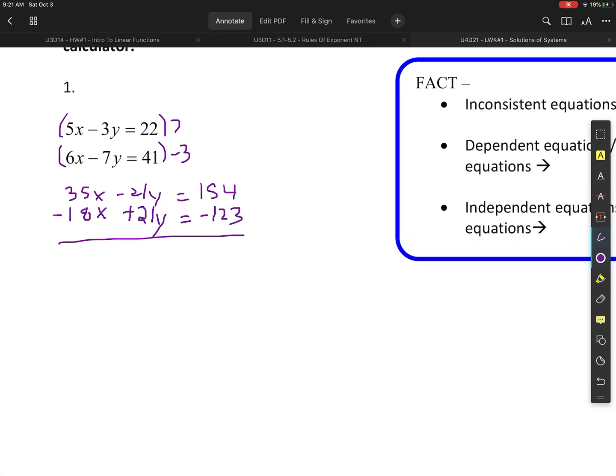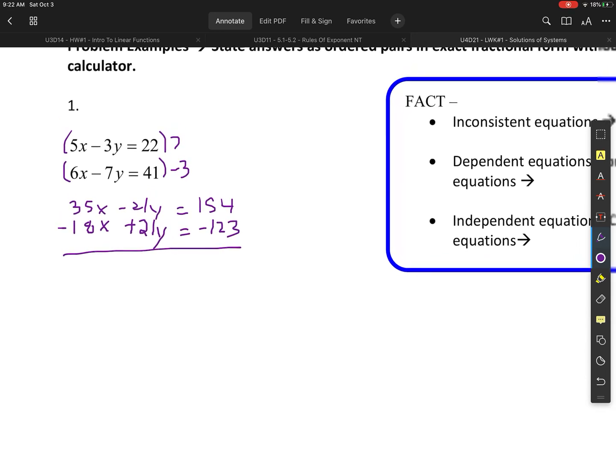All right. Not too bad for no Apple Pencil. It would be way nicer looking with the Apple Pencil, but I'm doing my best. So I have 17x equals 31. X equals 31 over 17.